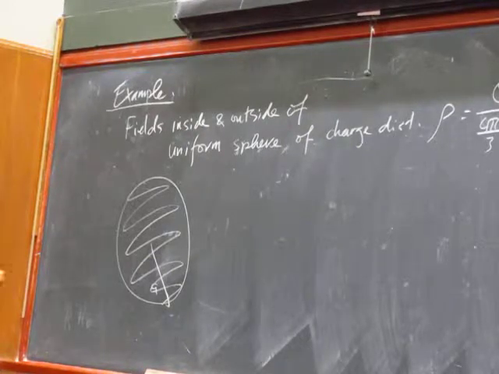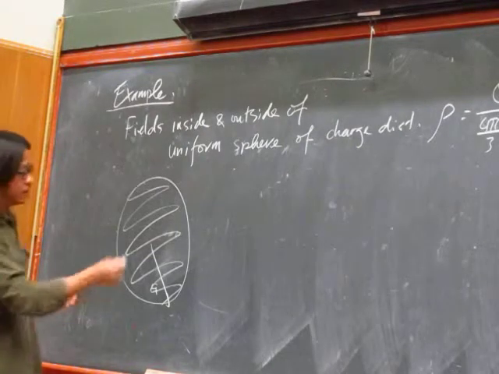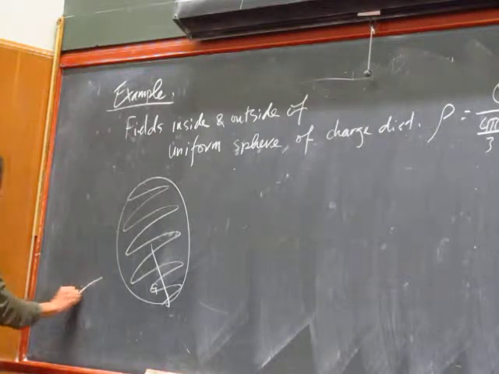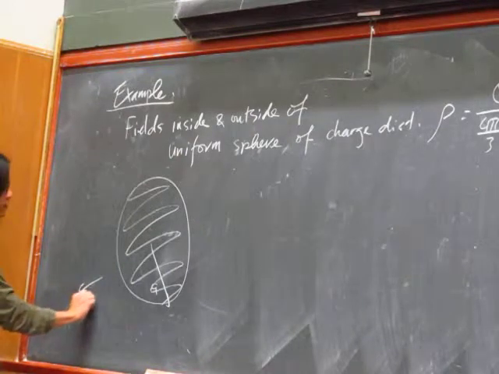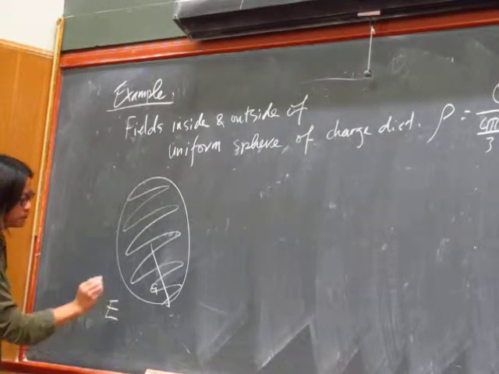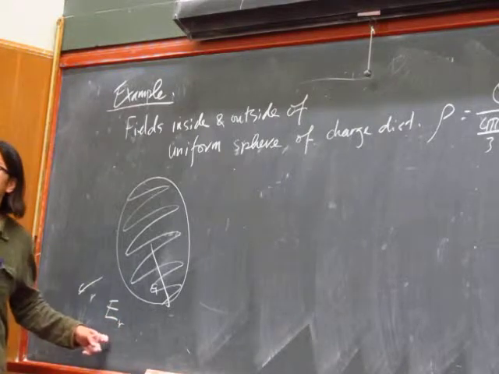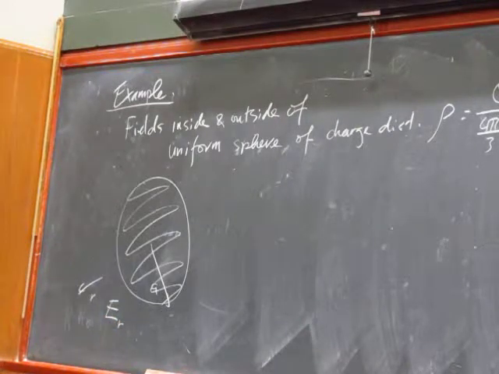So, same thing here, right? In this problem, also by symmetry, the only direction that's unique is radial. The only possible direction for electric field is radial. So the left-hand side is exactly the same as example number 2.